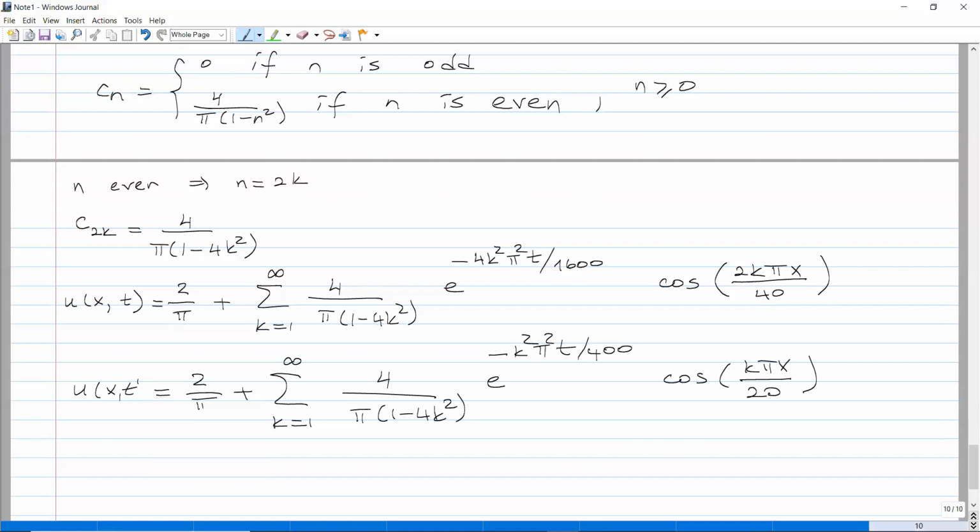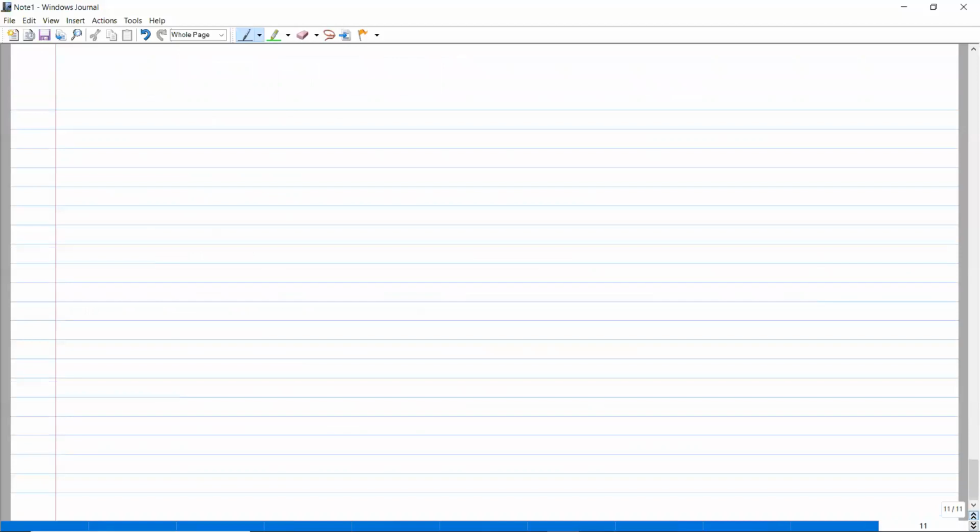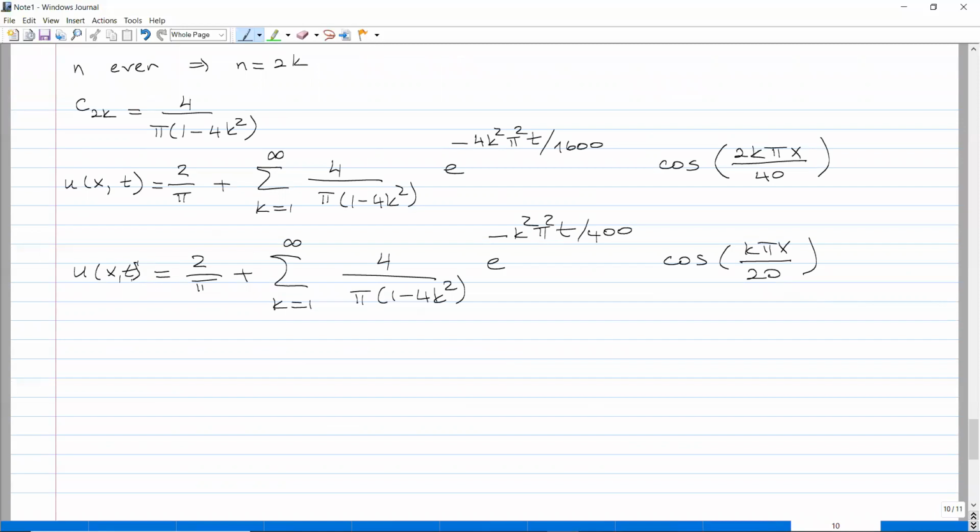And the second part of the problem, steady state solution, limit as t goes to infinity of u(x,t). In this infinite sum, the negative exponentials are all going to, the limit is going to be 0 because k starts from 1. For k equals 0, we write separately 2 over pi.